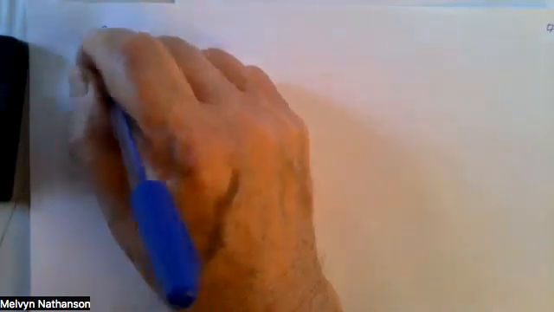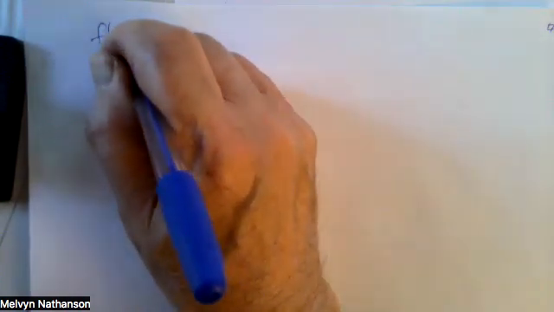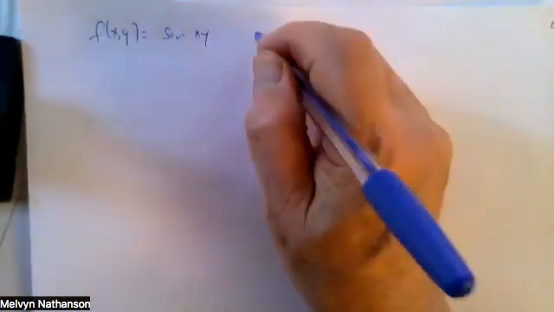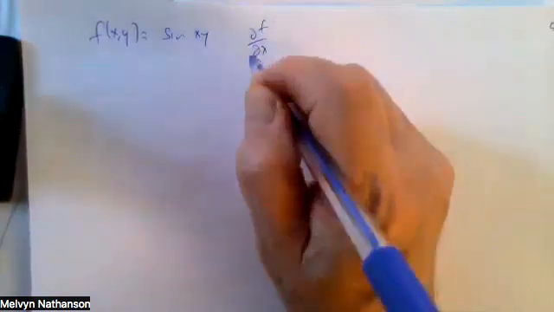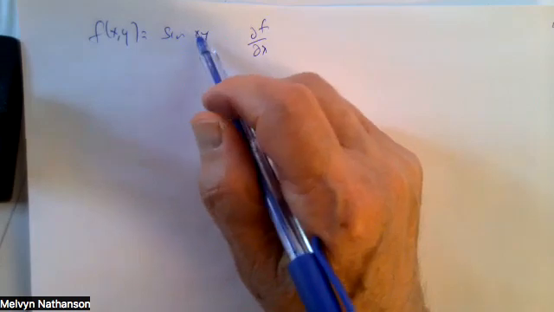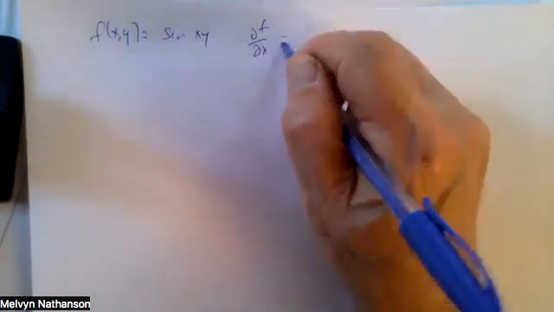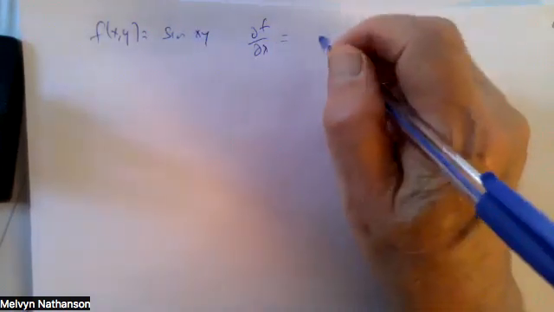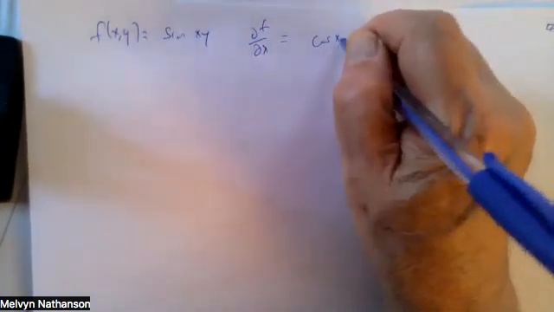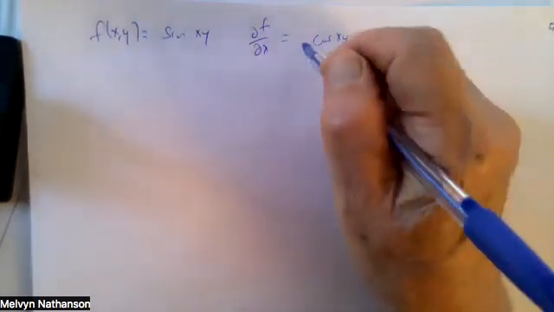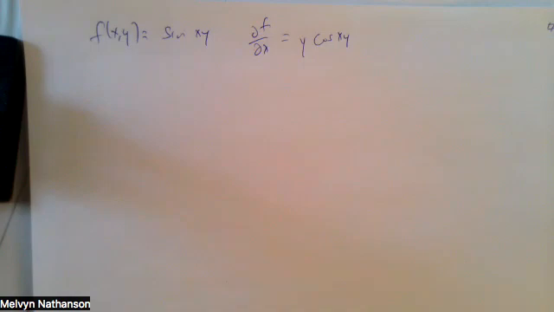Suppose we have f of (x, y) is the function sine of the product xy. Partial of f with respect to x: if you treat y as a constant, the sine of x times a constant, when you differentiate with respect to x, you get the cosine of xy times the derivative of xy with respect to x, which is y, because y is like a constant.